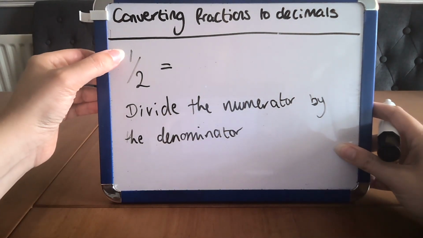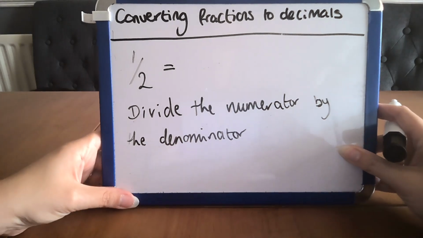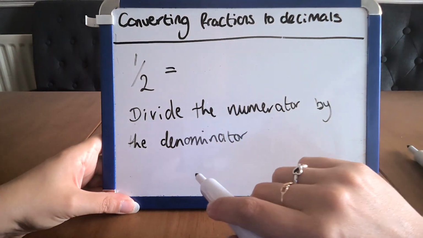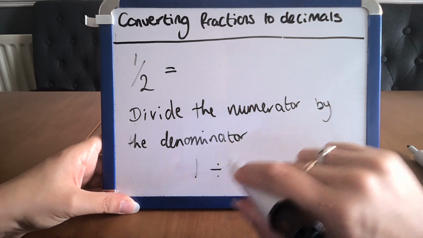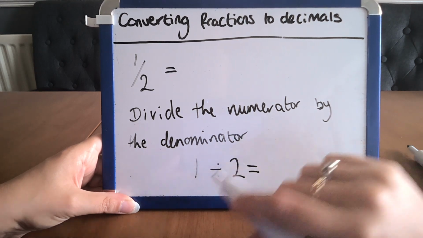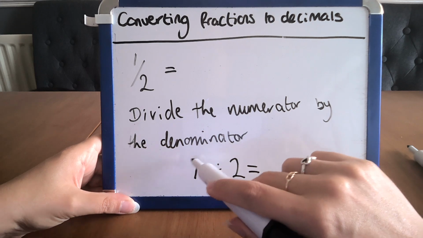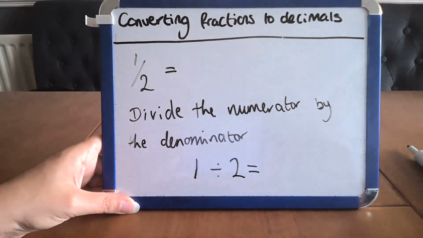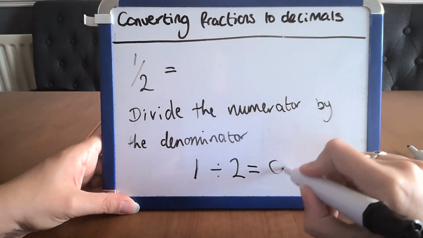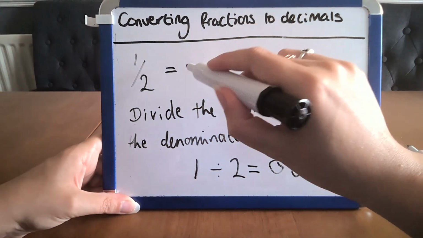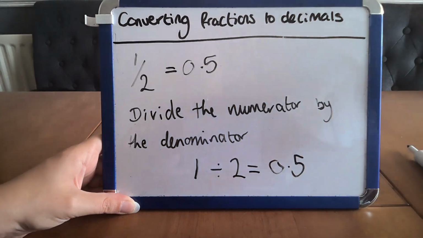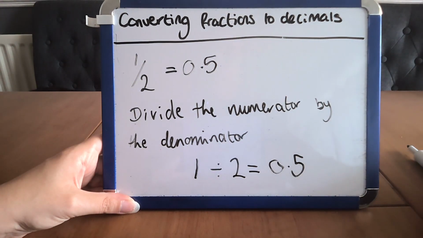So our numerator is 1 and our denominator is 2. So our sum is going to be 1 divided by 2. You can also think of it as we need to half 1. Now 1 divided by 2 is 0.5. So 1/2 as a decimal is 0.5.